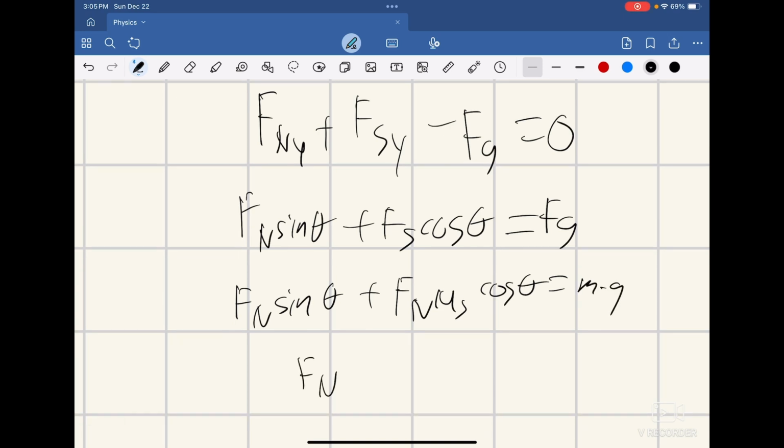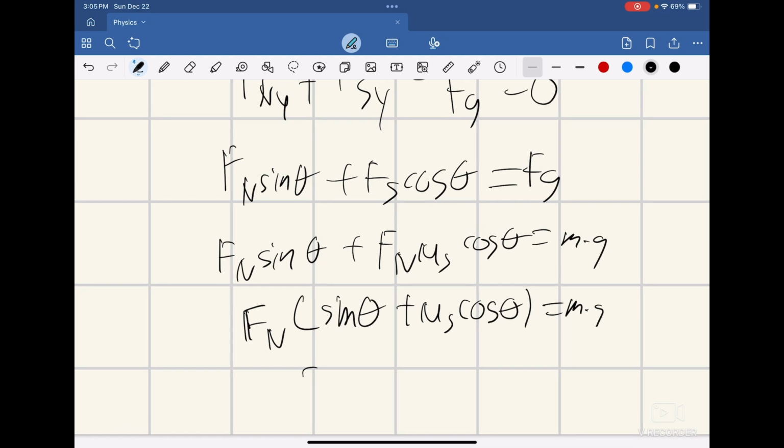We're going to do the same thing. We're going to group Fn together so that you can take it out and you're left with this, and we can isolate for Fn, giving us Fn is equal to mass times gravity over sine theta plus mu s cosine theta.